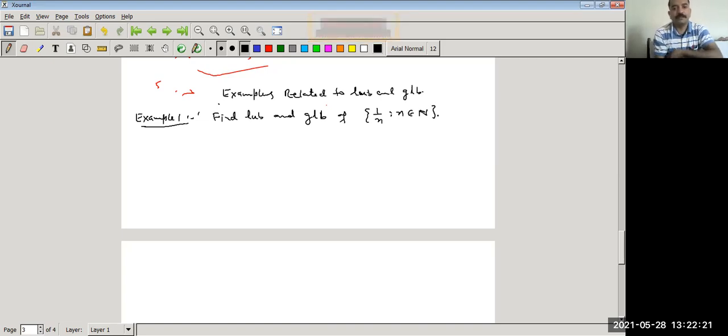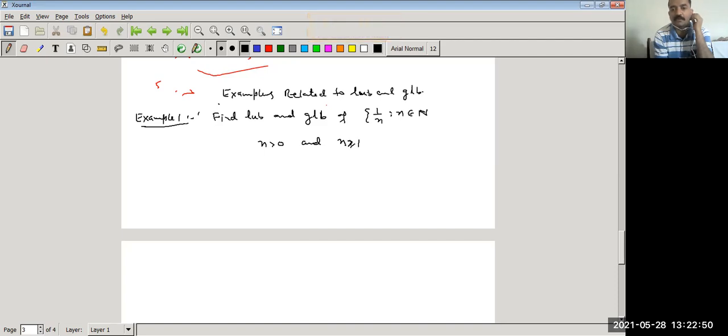Yes, we know that 1 upon n is greater than, or we can say n is greater than 0 and n is greater than equal to 1.